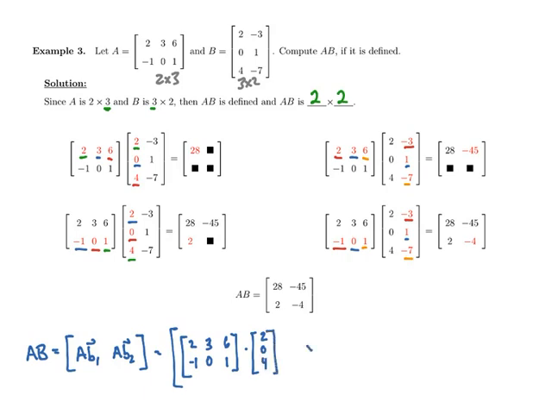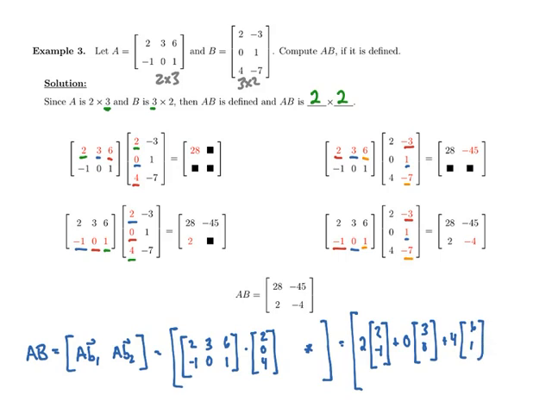I'm only going to do the first column there. And then this is going to be a linear combination of the columns. That's going to be 2 times (2, negative 1), plus 0 times (3, 0), plus 4 times (6, 1).